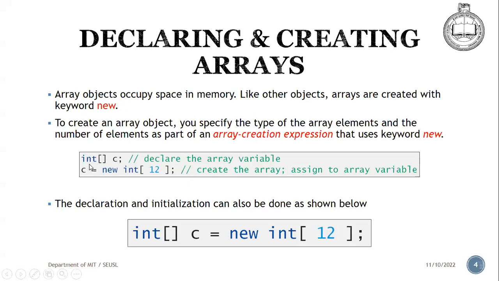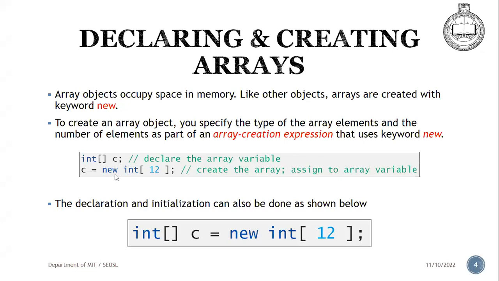As I told you, the data type is there, your array name is there, and the space for the size is also there. That is the array declaring process, declaring the array variable. Now we are declaring the array, and then it's about creating the array and assigning the array variables.